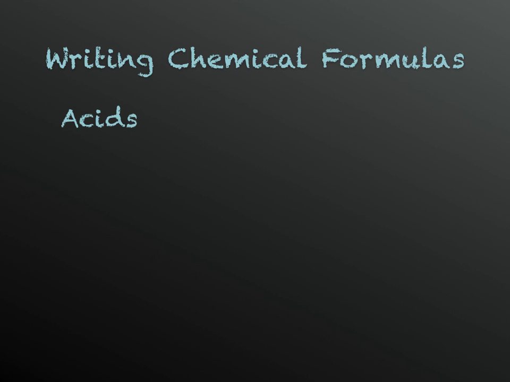Here's some examples of acids. If we have the name hydrosulfuric and sulfuric acid. Notice that the first one is binary because it starts with the word hydro. The second one is a polyatomic.